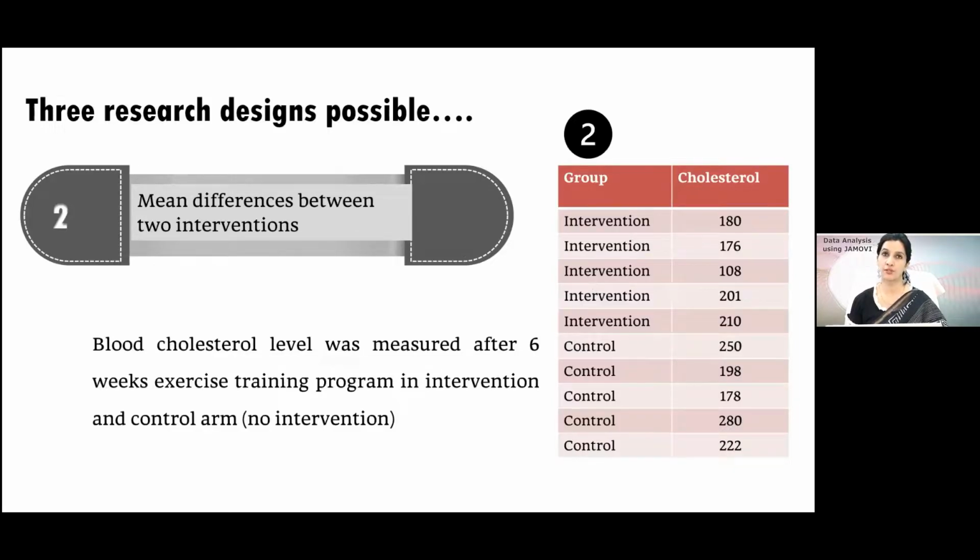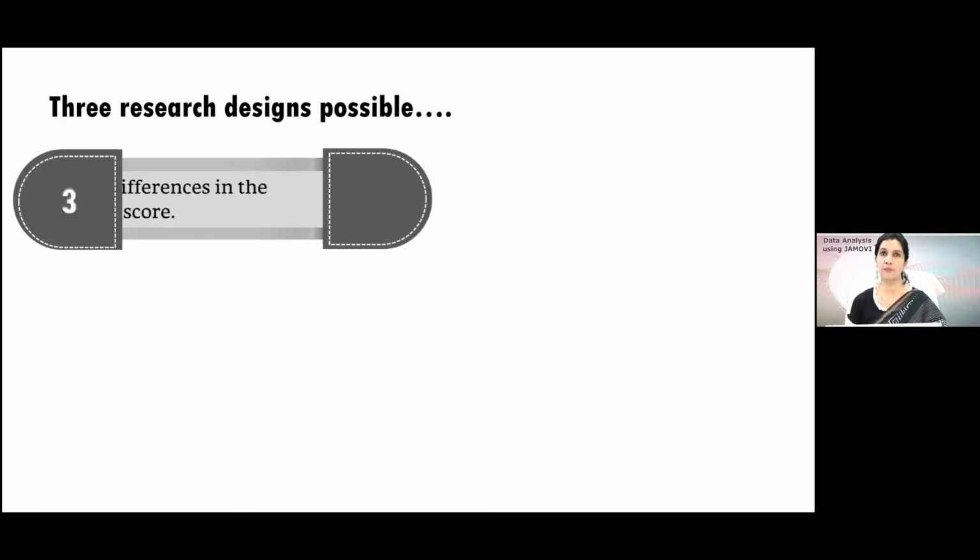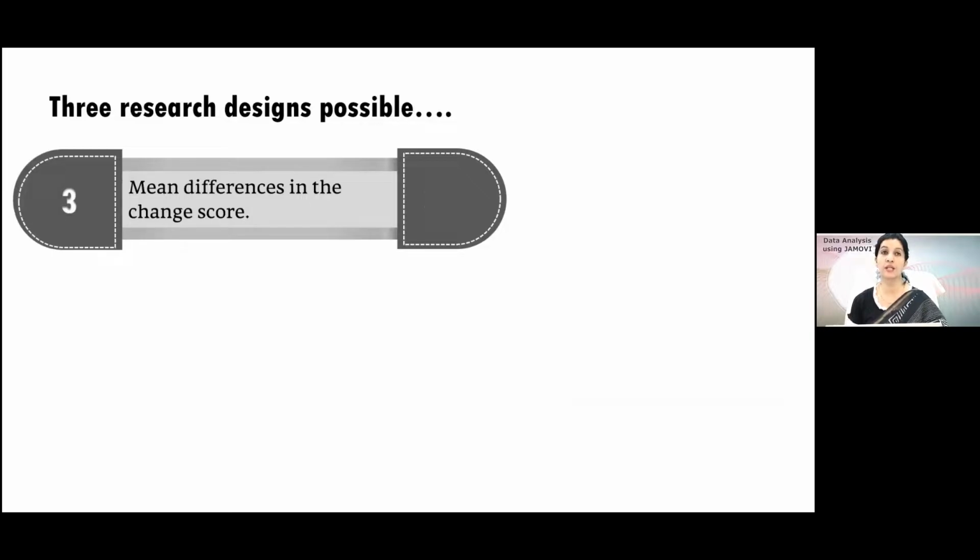So the blood cholesterol was measured again after 6 weeks of exercise training program in the intervention and control arm. If you want to compare these two mean values, then you can do the independent sample t-test. The third type of possible research design could be if you want to measure the mean difference in the change score.